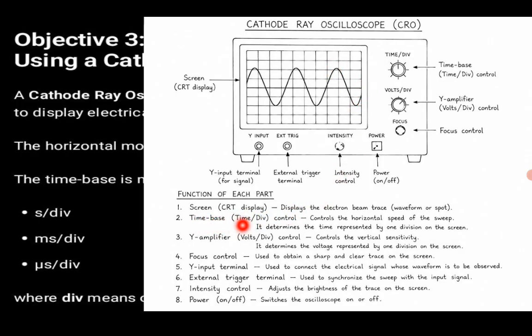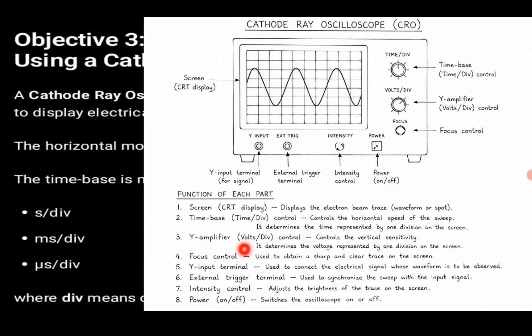And then we have a time-base button over here, labeled time per division. This controls the horizontal speed of the sweep, the horizontal speed of the movement of this waveform. It determines the time represented by 1 division on the screen. Divisions are these small boxes which you see.